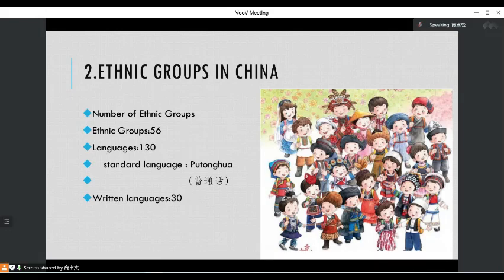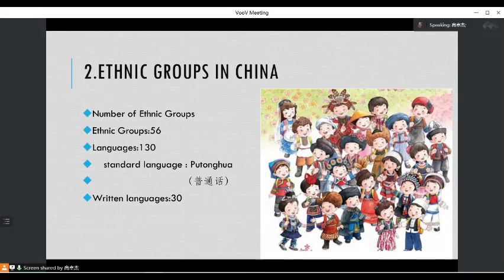I speak Mandarin, but some areas, like Xuzhou, have their own dialect. But Xuzhou's dialect is still relatively close to Mandarin.